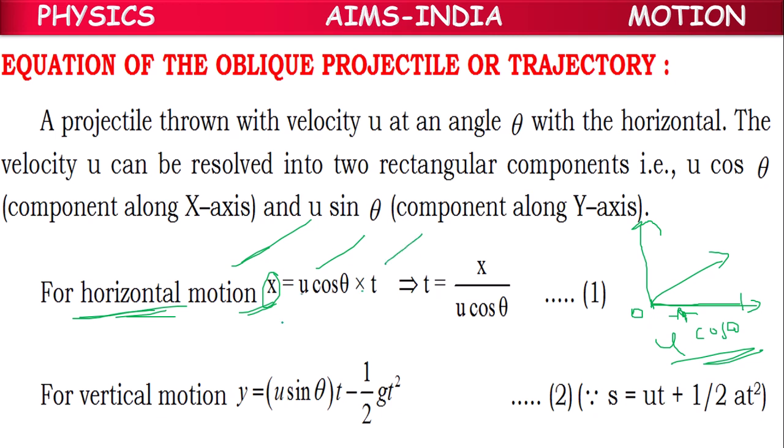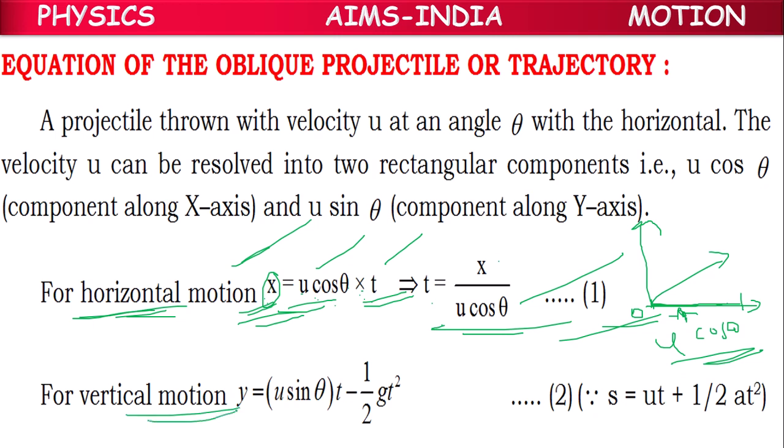Velocity into time. Here it is actually a straight line, so we call it displacement. Displacement equals velocity into time, or distance equals speed into time. Speed is u cos theta, time is t. So x equals u cos theta into t. So t equals x by u cos theta. We are getting this first equation.